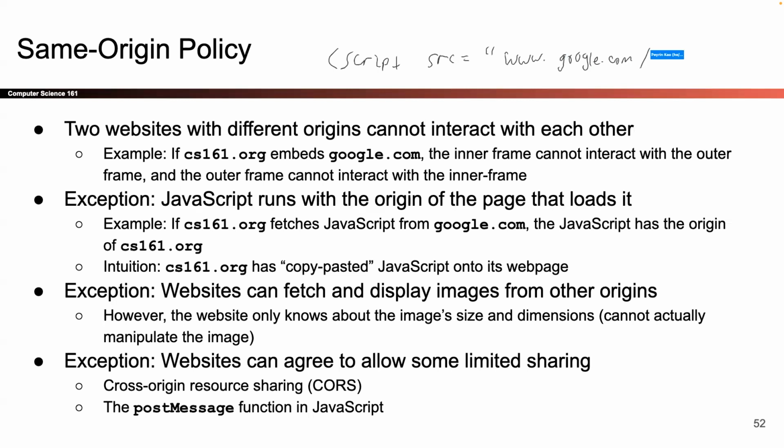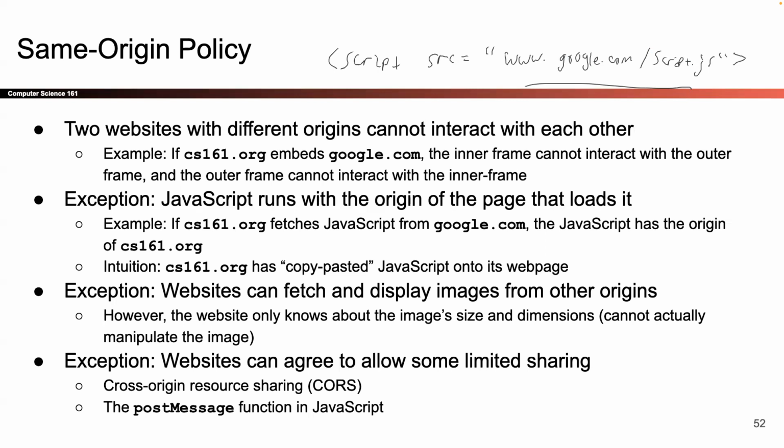And what is this? Well, excuse the handwriting. It says, please go to this URL, download the JavaScript that you find at this URL, and introduce it onto the CS161.org website. And that is one of the exceptions that's okay. Under regular same origin policy, what would you say?